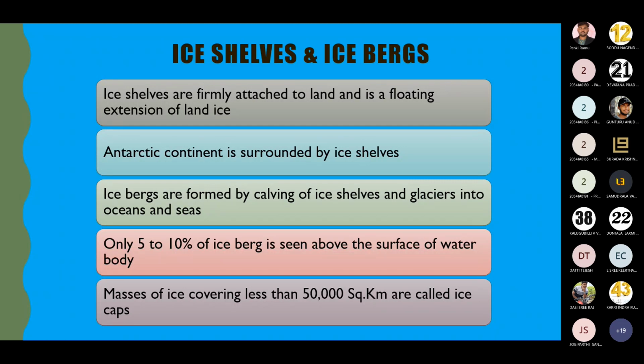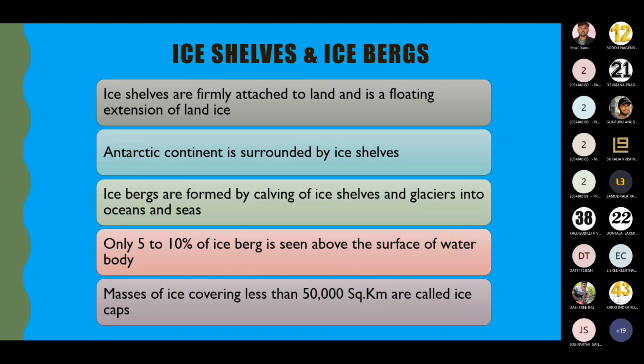And here ice shelf means it is a sheet of ice that is attached to the land, and it has some extension which is floating into a water body. So an ice shelf is nothing but an ice sheet that is attached to the land and has an extension into the water body.